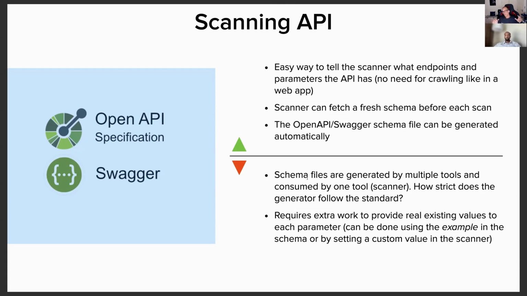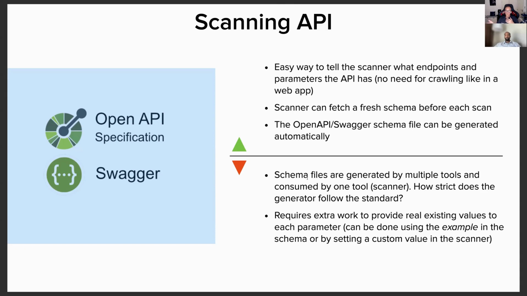So basically what I'm saying here is that there's a standard involved. There's a schema, and the producer of that schema file is a bunch of different tools. It depends. If you use one tool, another user might use a different tool. So you have multiple tools producing these schema files, and the scanner, in this case, is probably the one that is going to parse that schema file. So it's just one tool parsing that schema file.